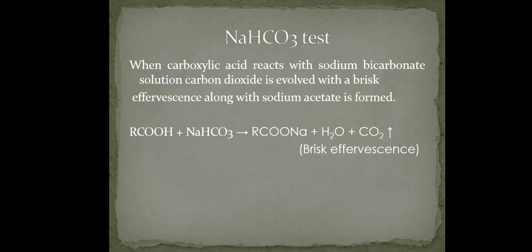What is formed is sodium acetate, water, and very important, carbon dioxide. And that carbon dioxide produces brisk effervescence, which gives us the indication that the sample contains a carboxylic acid as a functional group.